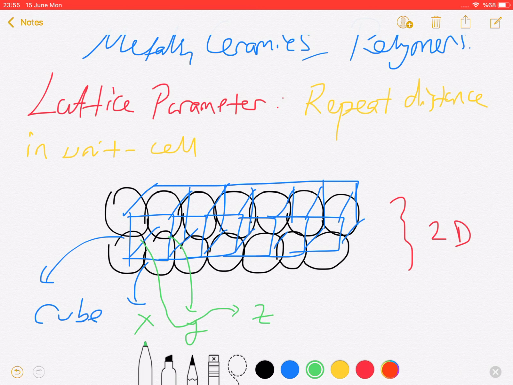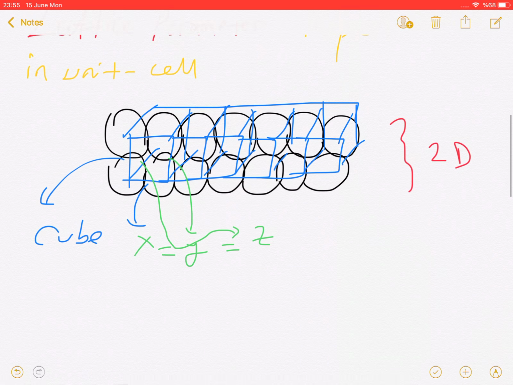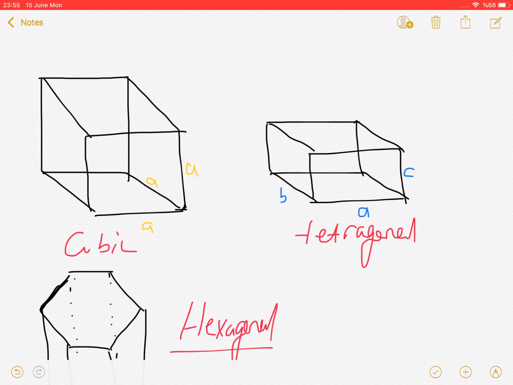Lattice parameter is the repeat distance in the unit cell, so the repeat distance along each edge of the cube. All of them are equal to each other in a cube, of course, right?